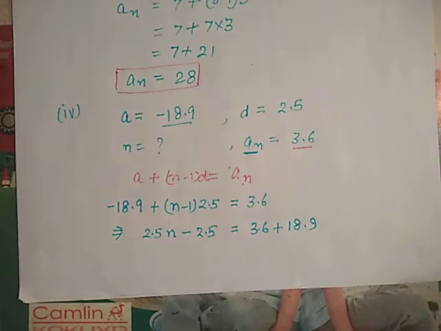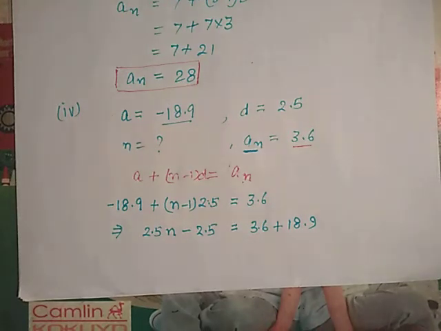You have to understand this problem because it is given in the form of decimals. Actually this problem is not so difficult, but students usually get confused with decimal questions, so you have no need to be confused here.